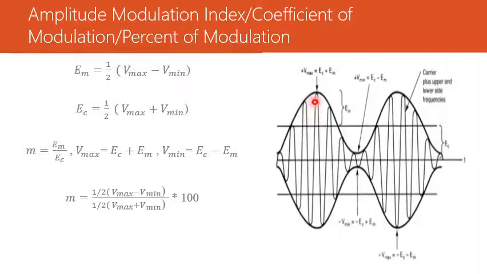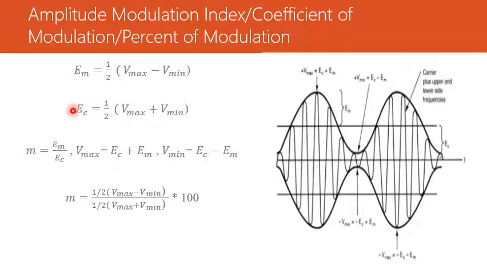So Em can be defined as Vm max minus this minimum peak voltage, that is V minimum, divided by 2. This entire cycle represents 2 times Em, and we have to get only Em. So Em is equal to Vm max minus V minimum divided by 2.